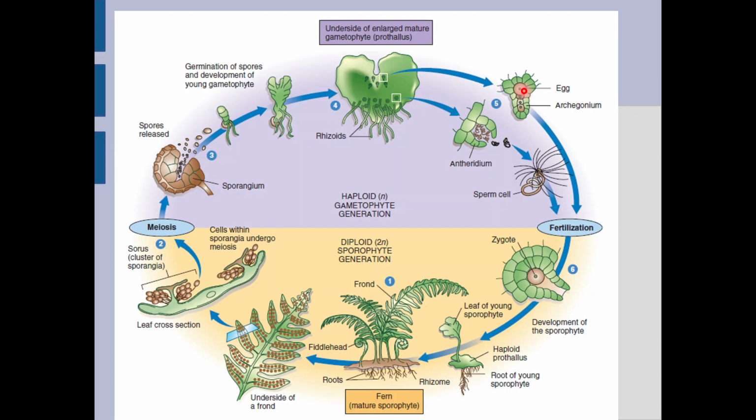Numerous sperm cells are produced in the antheridia, and these antheridia are found scattered among the rhizoids. The sperm cells are shaped like tiny cockroaches, and they have many flagella. Both eggs and sperm cells are produced by mitosis of haploid gametophyte cells.